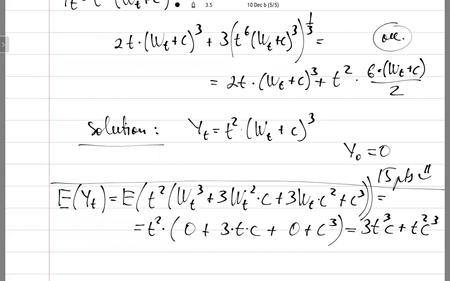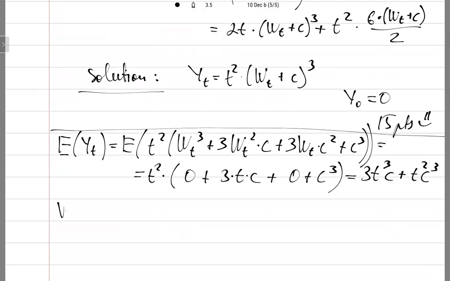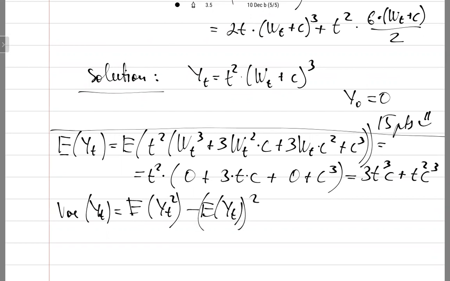I don't see for the moment how we can find the variance faster than just by applying the general variance formula: expected value of y_t squared minus expected value of y_t, in brackets, squared. Maybe there is a faster way, I'm not sure. Okay, that one we know. So let's focus on the expected value of y_t squared.